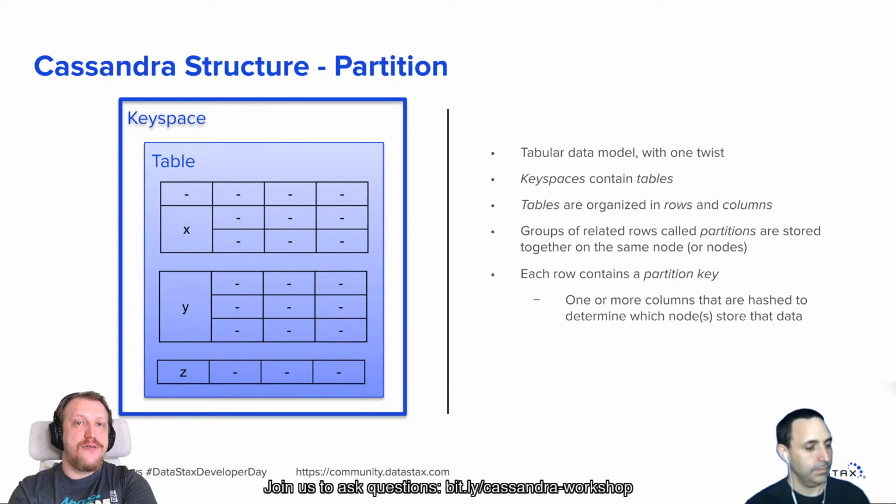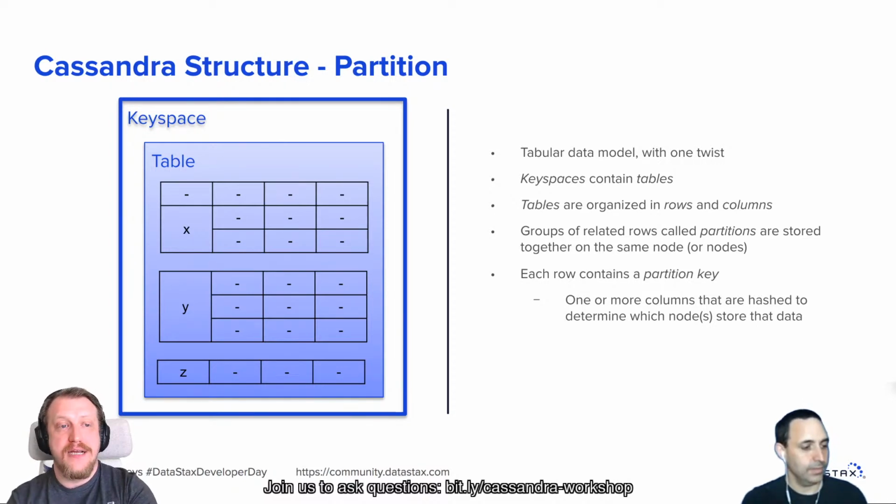In general, Cassandra data looks very familiar, like any data structure you have in another relational database. So we still have tables, rows and columns, and the keyspace is a container for the tables, as the database in a relational database is a container for tables. It looks very familiar so far, except for one thing.